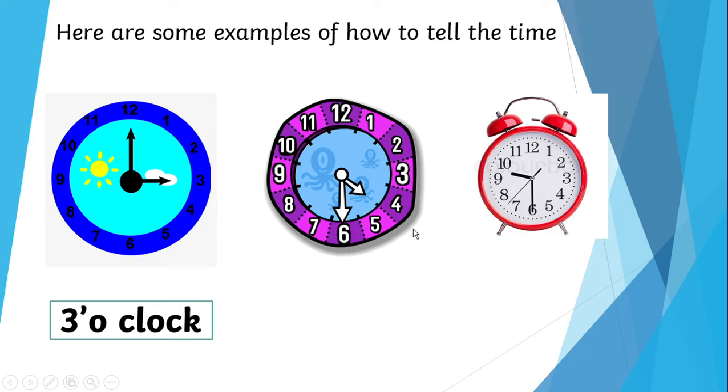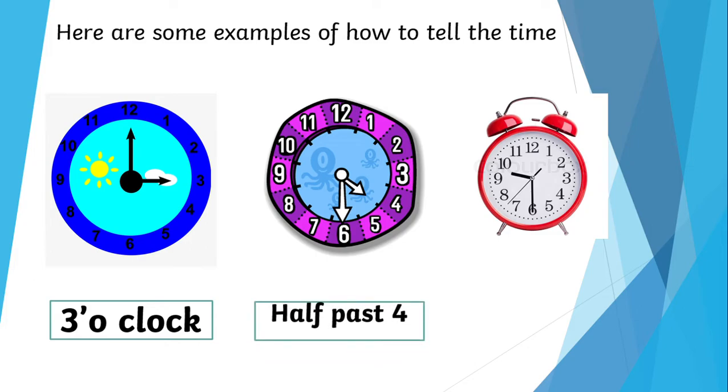Now let's see. The hour hand is in 4, still in number 4, and the minute hand is pointing towards number 6. That is half past 4 or 4:30. Now let's see this time.